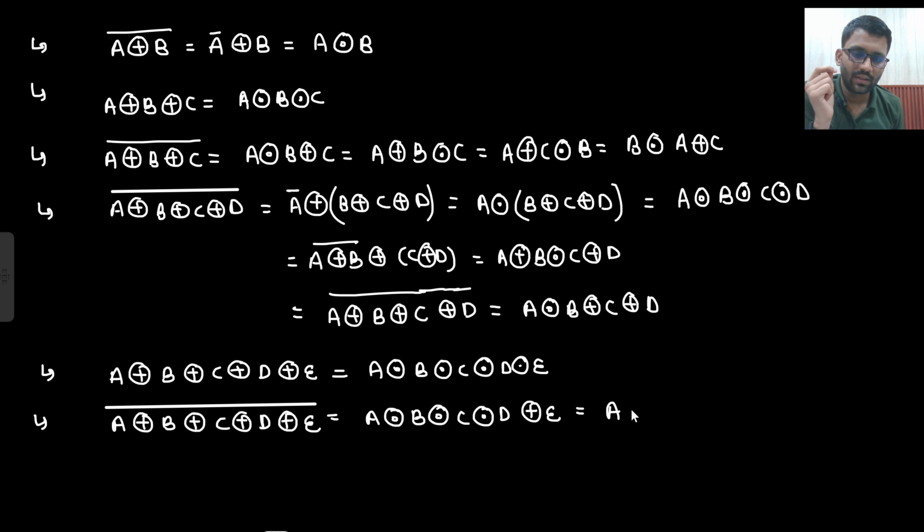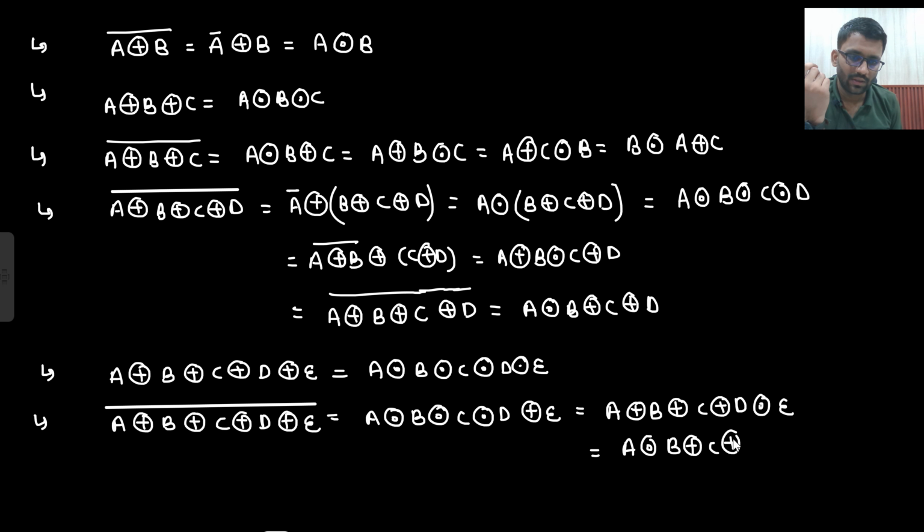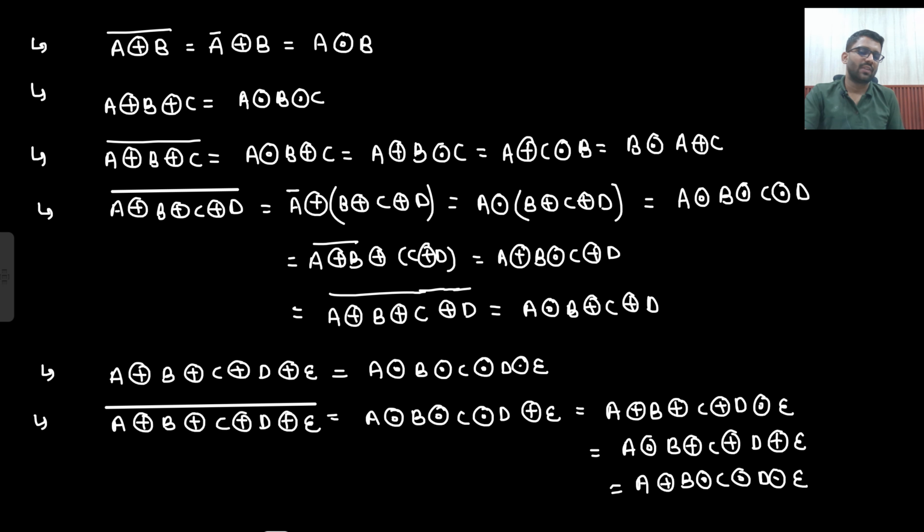These can be replaced with the plus only, but one of them can be dot, or this dot can keep on moving. Basically a XOR b XOR c XOR d XOR e, and then this plus can also keep on moving, and these variables can also keep on moving. So these kind of things can happen.